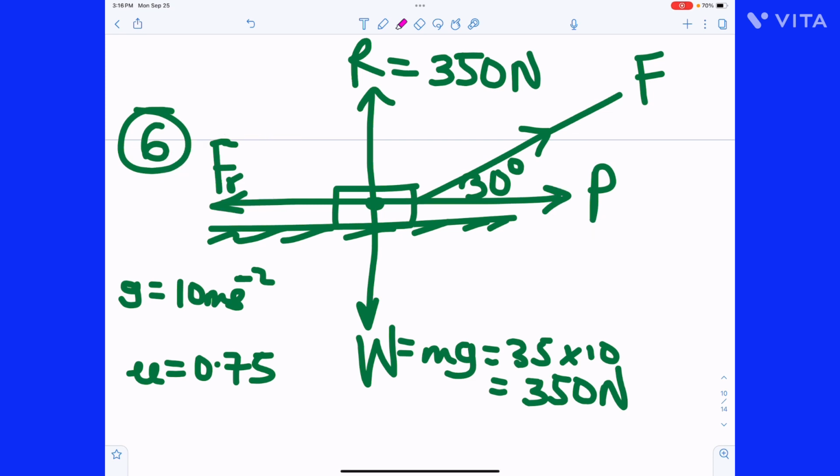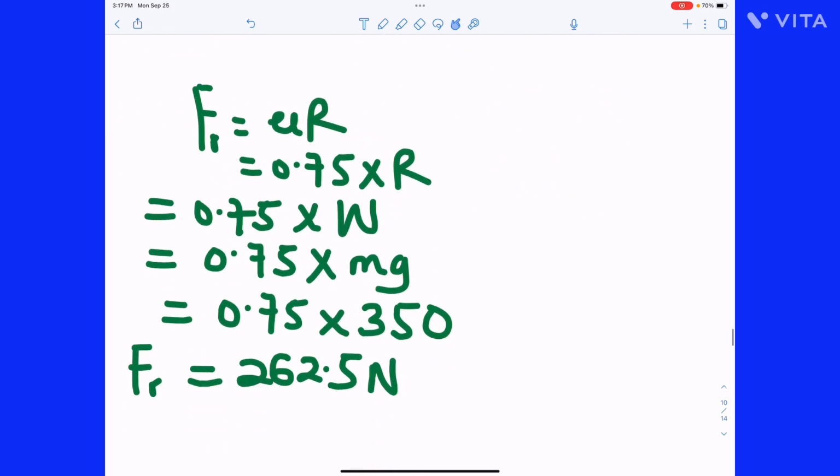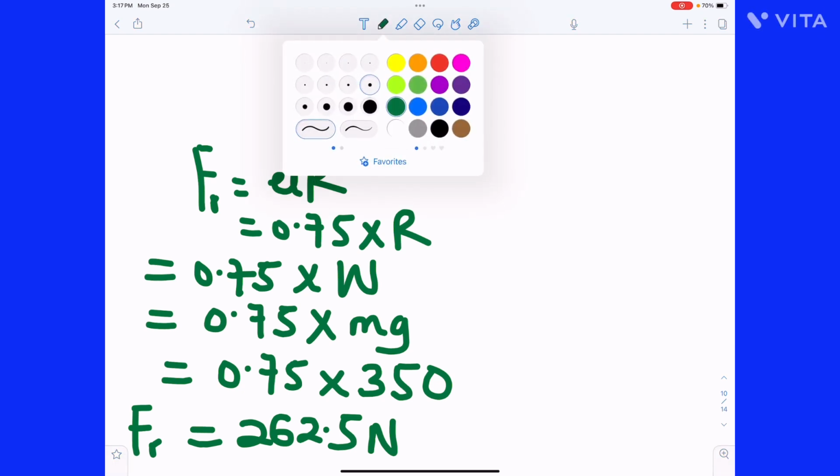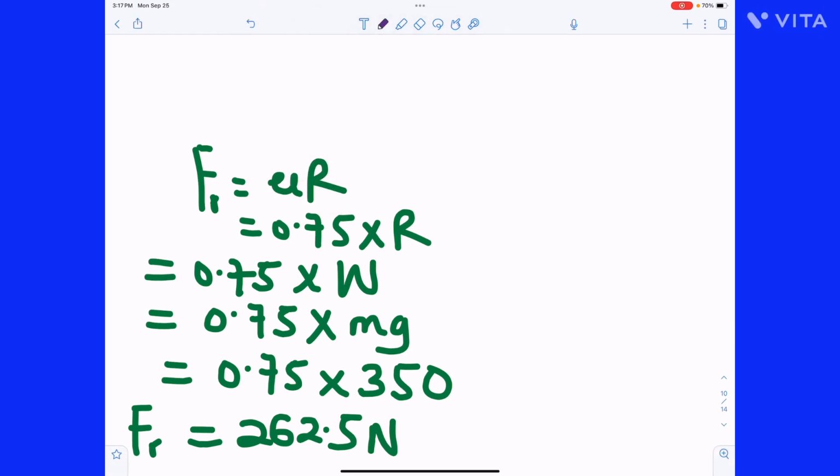So now we know the value of P, because for the object to just move on the surface, this P must be equal to the frictional force, 262.5 Newton. So what we want to do now is very simple. We want to find the force F, applied here, that will give the horizontal component of what?